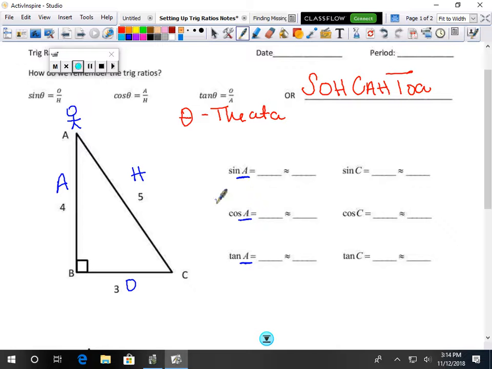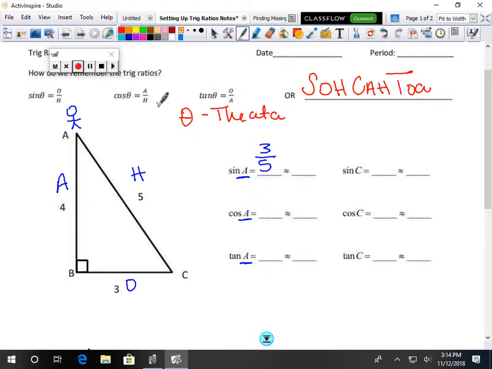Now that we've labeled our sides, we know that sine is opposite over hypotenuse. So for sine of angle A, I would use opposite over hypotenuse, so that would be 3 over 5.